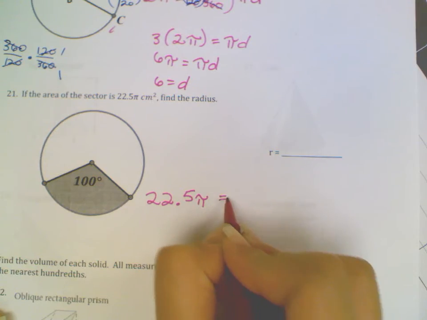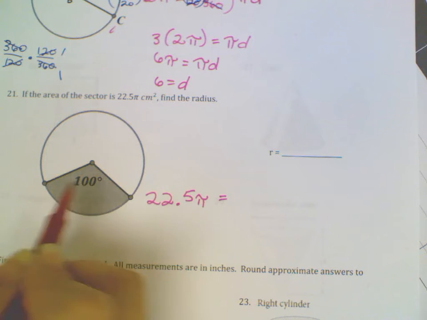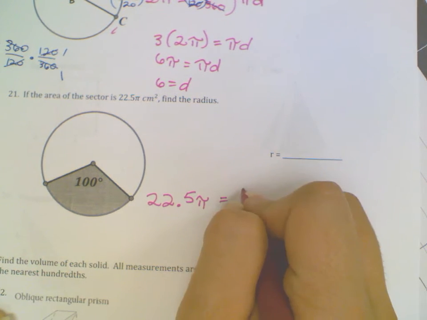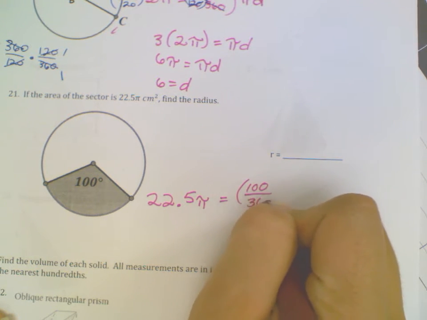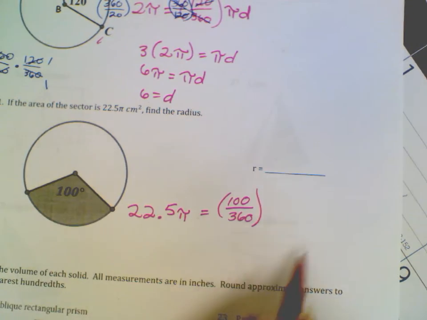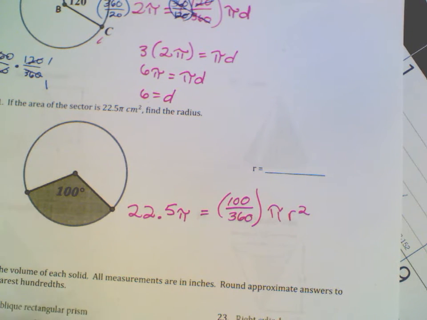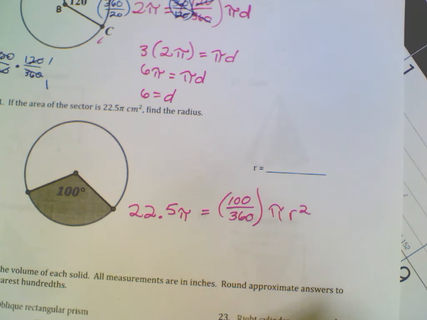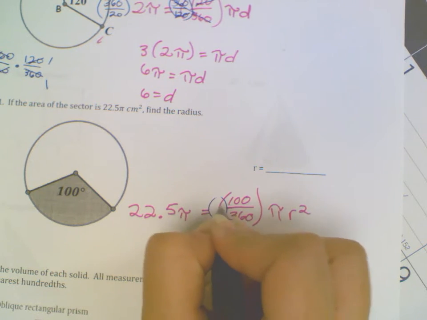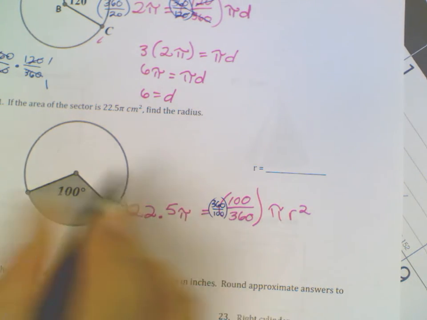So this is equal to the fraction of the angle, which is 100 over 360. And since I'm working with area, that'll be multiplied by the area of the whole circle, which is pi r squared. In order to help get the radius squared by itself, I'll multiply both sides by 360 over 100.